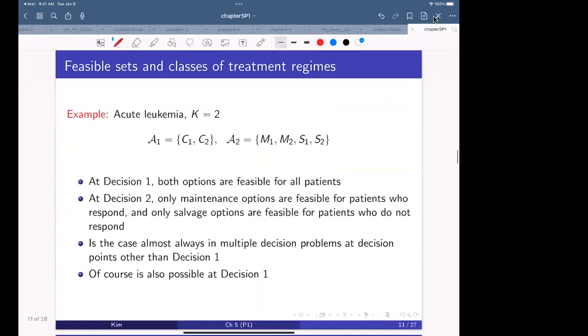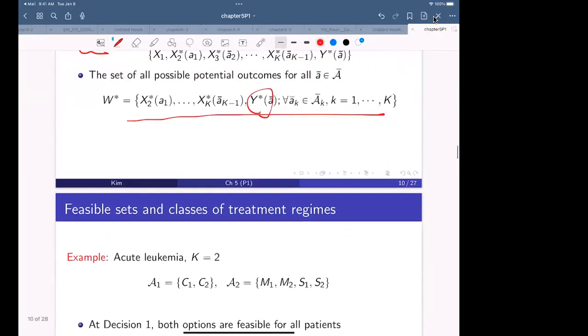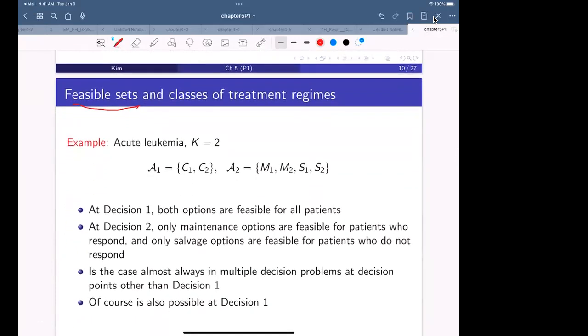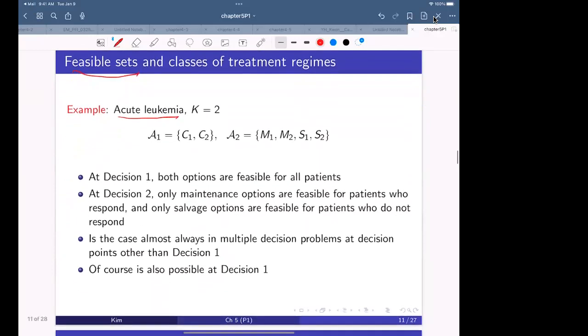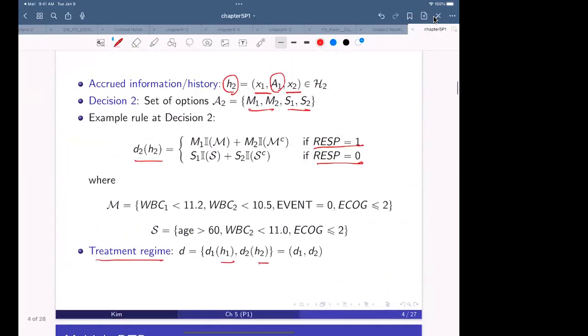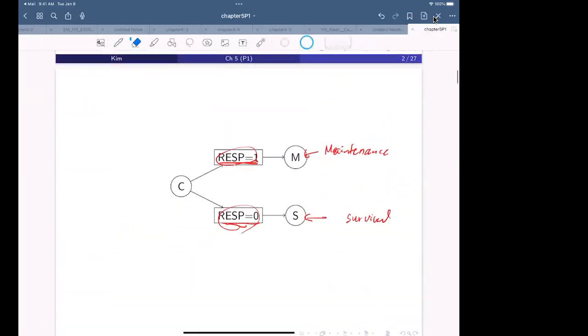Okay. And there's some additional concept to worry about, and I'm going to briefly talk about this. What are feasible sets? Remember in this acute leukemia example, M1, M2, S1.